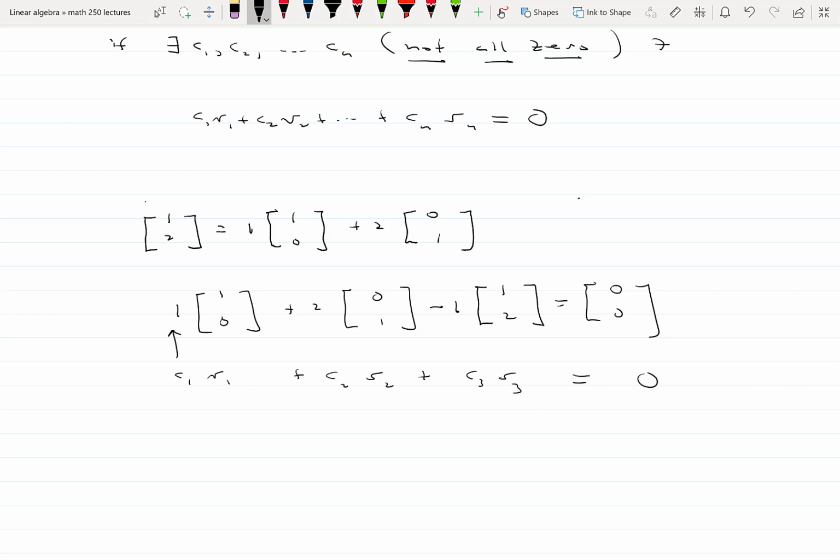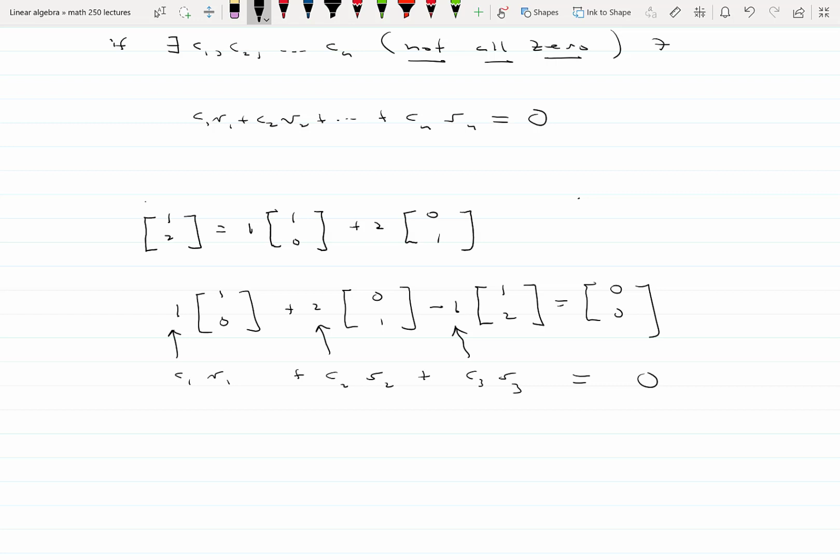I found three constants, not all zero, in fact none of them are 0, such that C1 V1 plus C2 V2 plus C3 V3 equals the zero vector in R2. So the idea of one vector being written as a linear combination of the others is absolutely equivalent to finding constants that are not all zero, such that that final equation holds true. We're going to actually have a theorem that states that, and we'll prove it for the general case. We see it for this case.